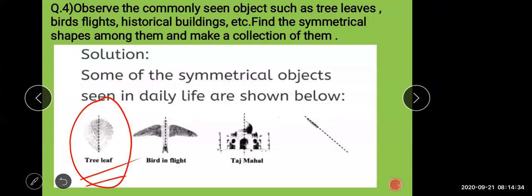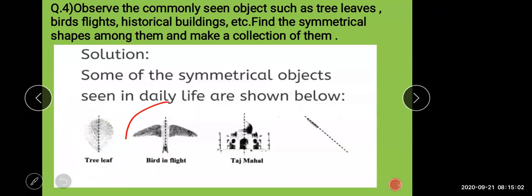Look at the tree leaf. The tree leaf is divided into two exact parts. One is the left side and one is the right side. Look at here. Two sides are there. This vertical line divides it into two equal parts. It means it's a symmetrical object.